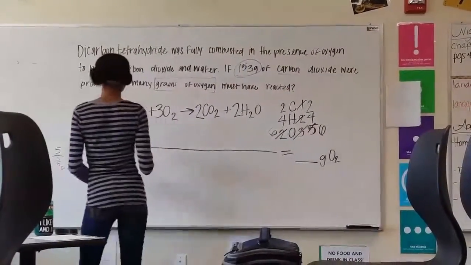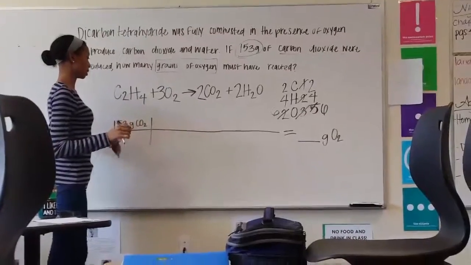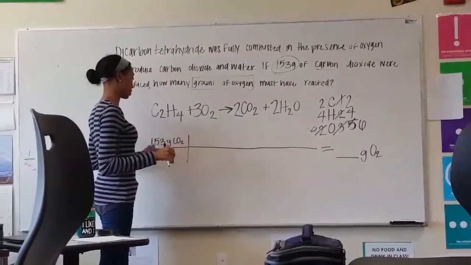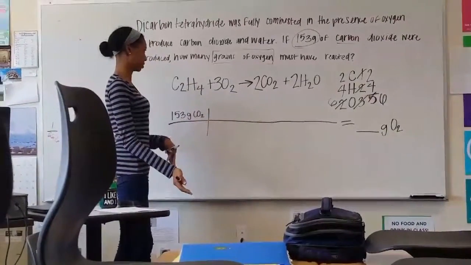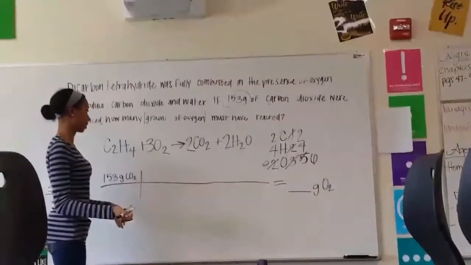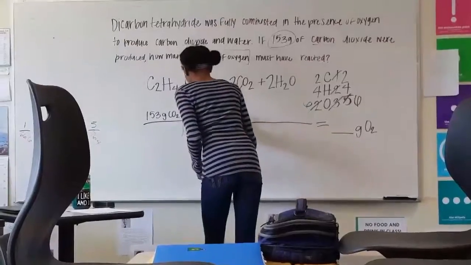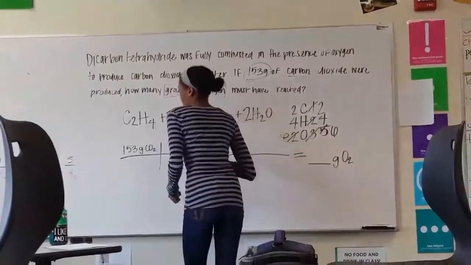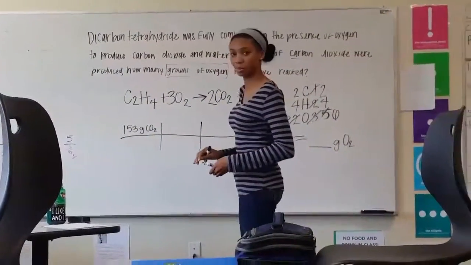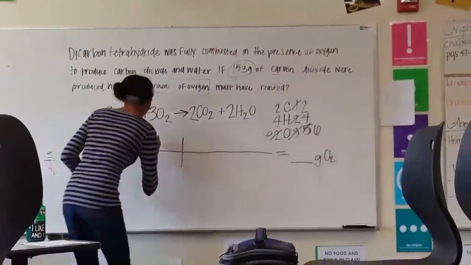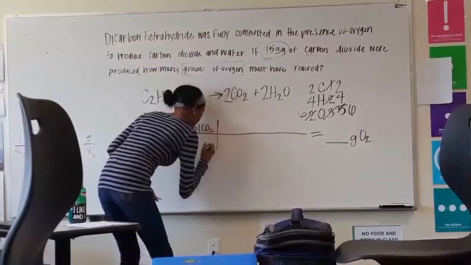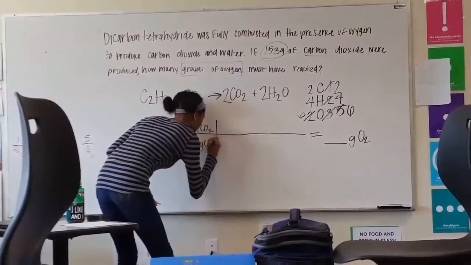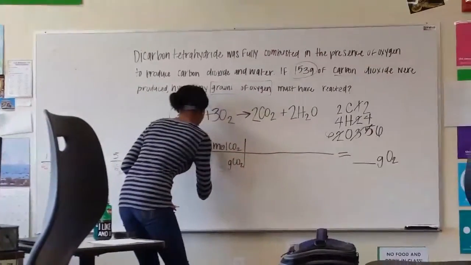Alrighty, so the first thing we have to do is put the carbon dioxide into moles, because that's how everything is switched around. And this is going to be called our molar mass ratio, which is found in your periodic table. So on top will be 1 mole of CO2, and then on the bottom will be grams of CO2, so the grams cancel out.